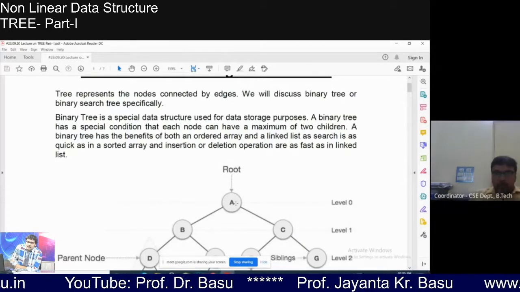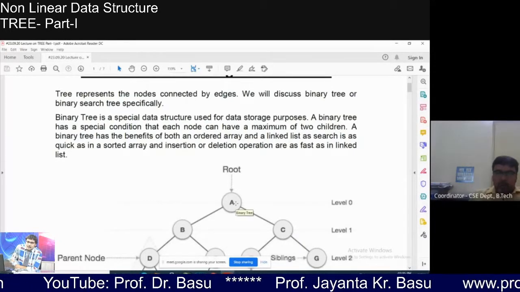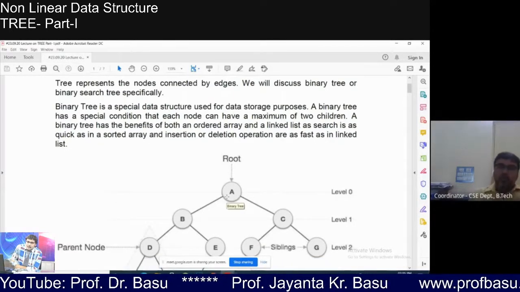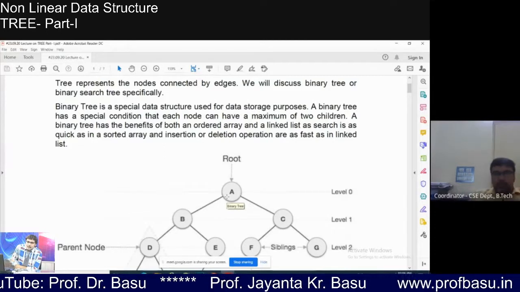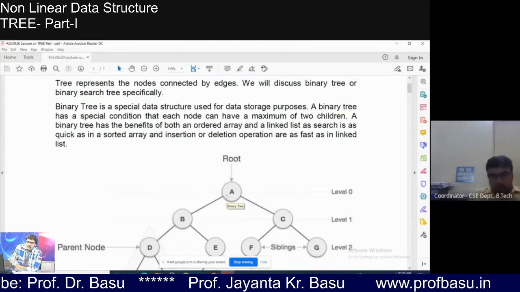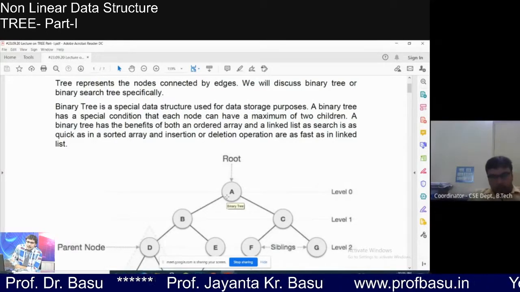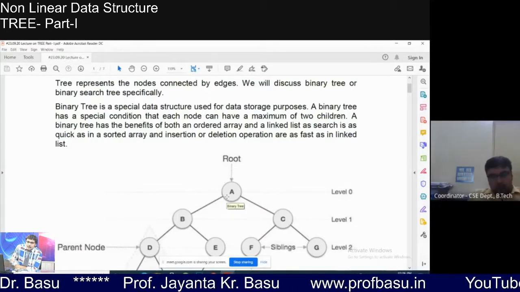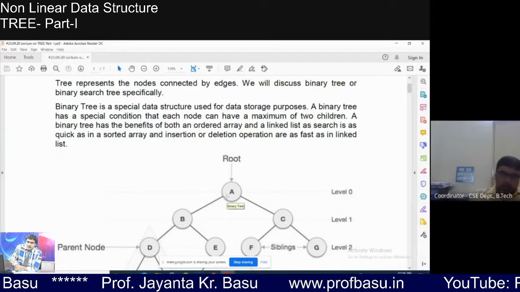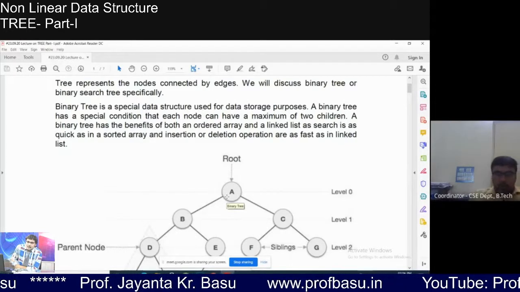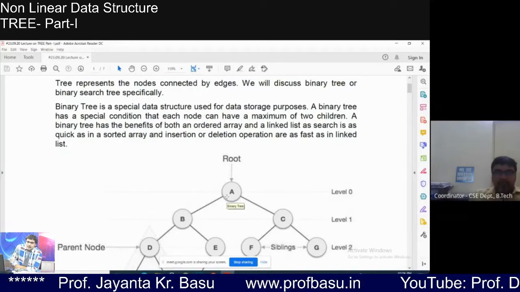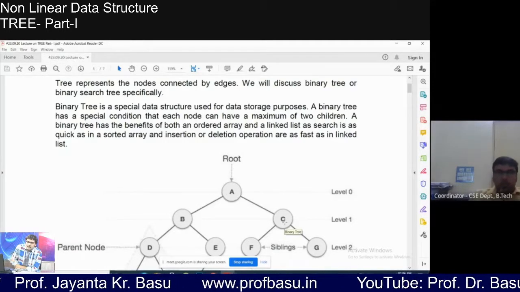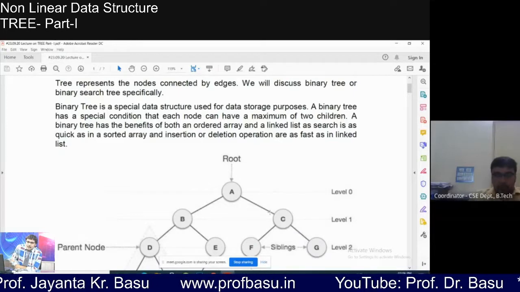In a binary tree, any node can have at most two children, not more than two. It may have no children, or one child, or two children. So the maximum permissible number of child nodes is two in a binary tree.